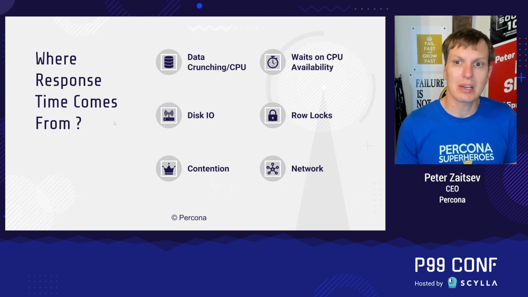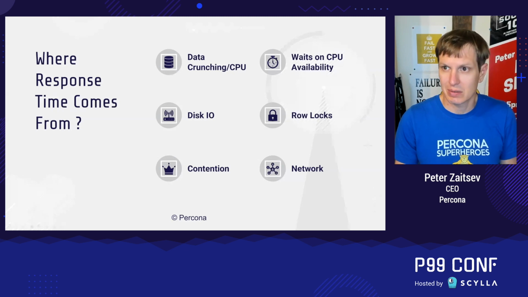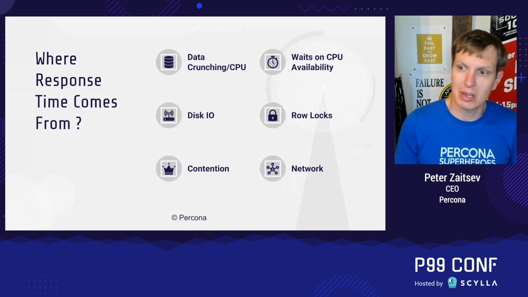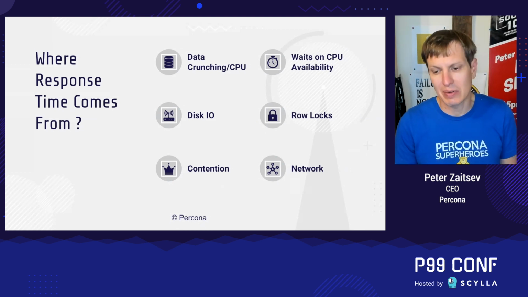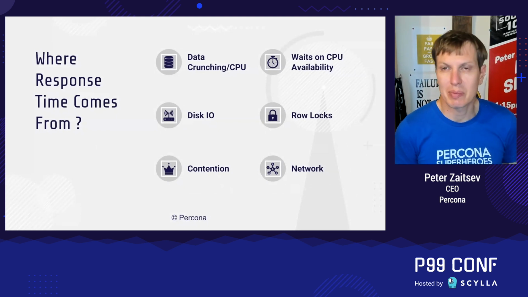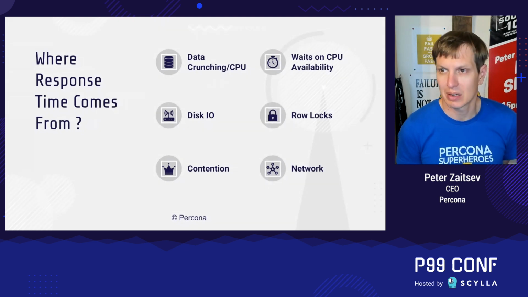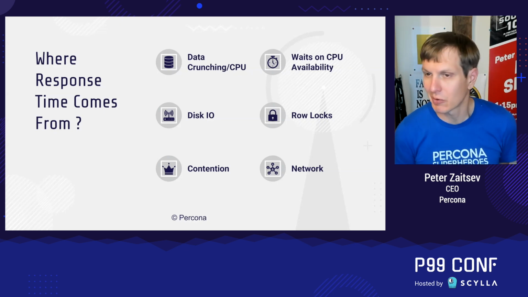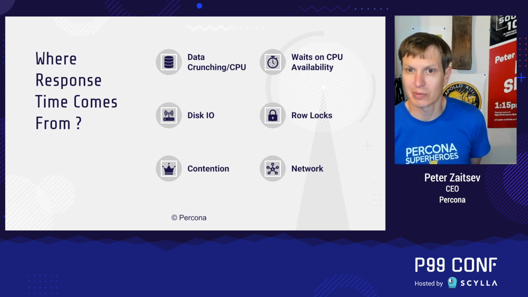Response time can come from all different reasons. It may be data crunching, disk I/O, row locks, contentions, and so on and so forth. I think that is one of the very important areas in query performance analysis, to really understand what exactly query response time comes from, because otherwise you may be focusing on the wrong things.